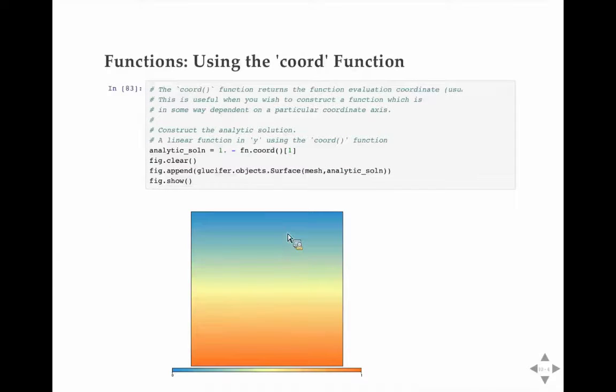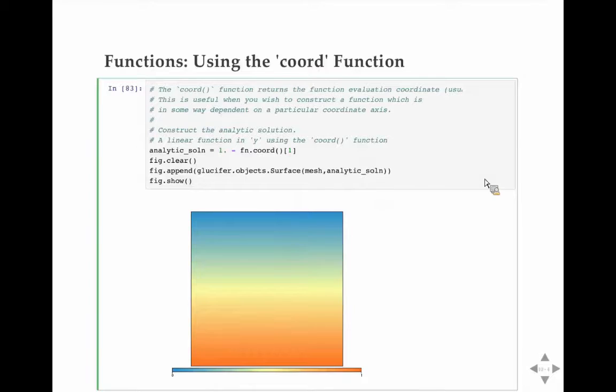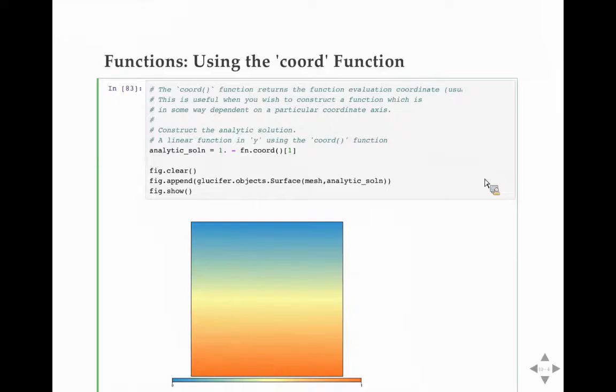Right, so what I wanted to look at was a difference of our analytic solution and our actual solution. So let's grab the absolute value of those and go analytic solution, and then we just subtract our temperature solution from our finite element method.